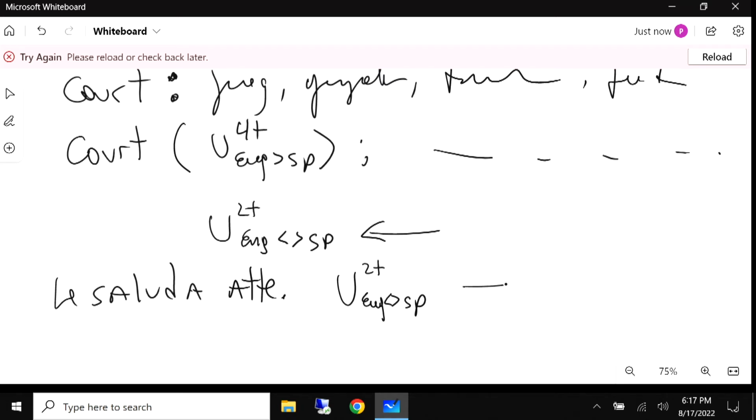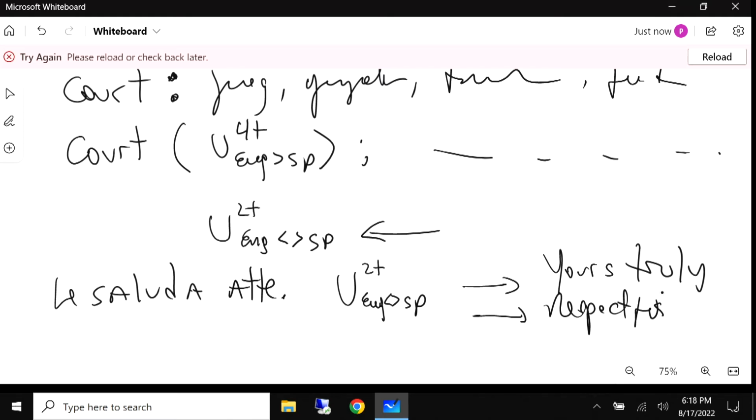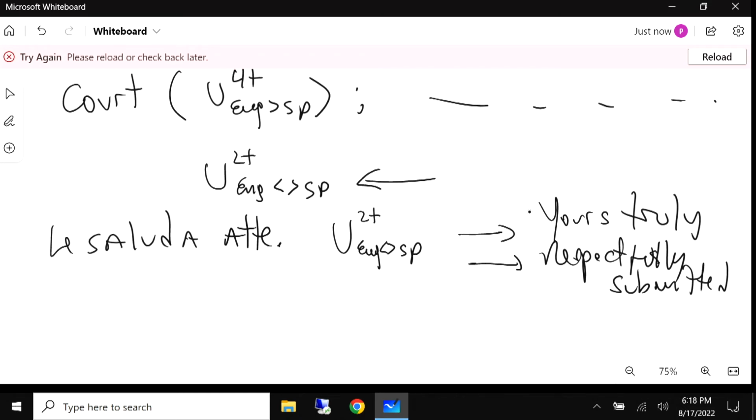Why so? Because when you transfer that into English, you have two options. It could be yours truly, or it could be respectfully submitted. That makes it unstable of a second degree. This or this, and they are not synonyms. This will be one, this will be number two.